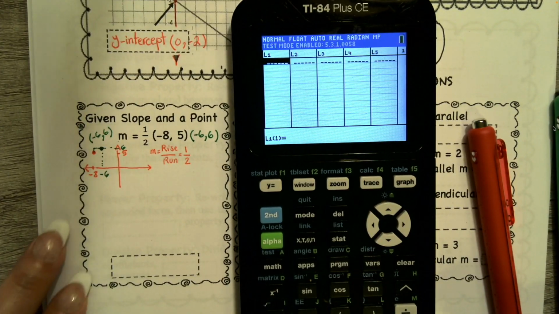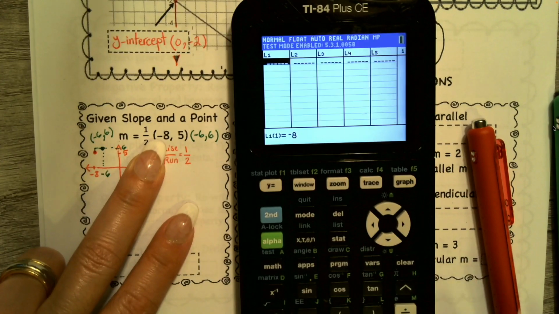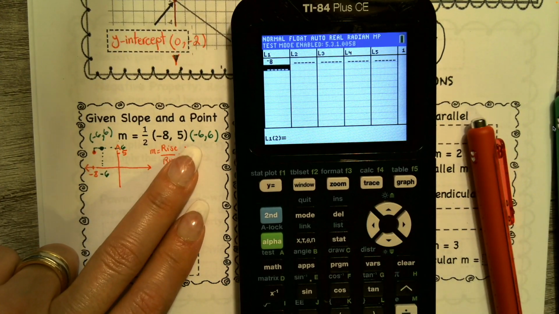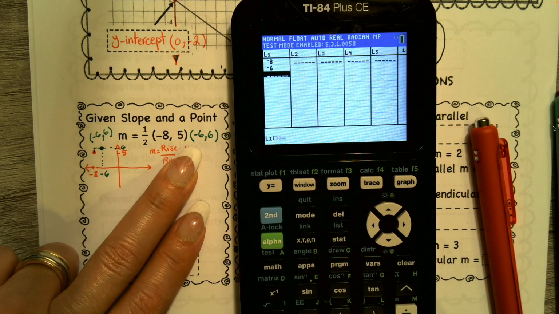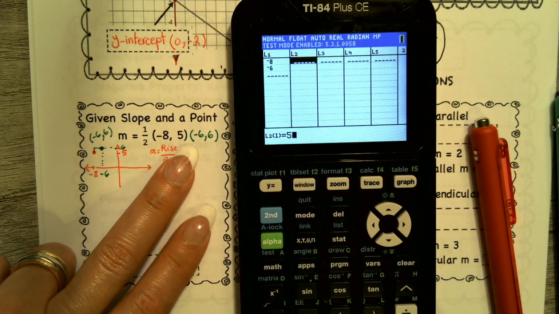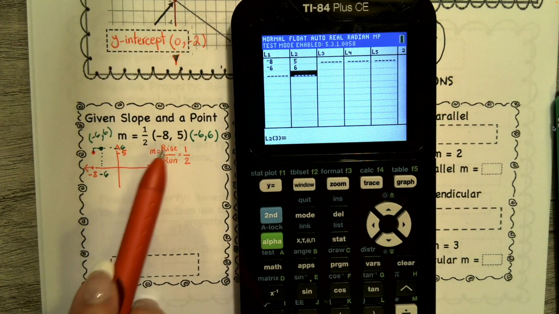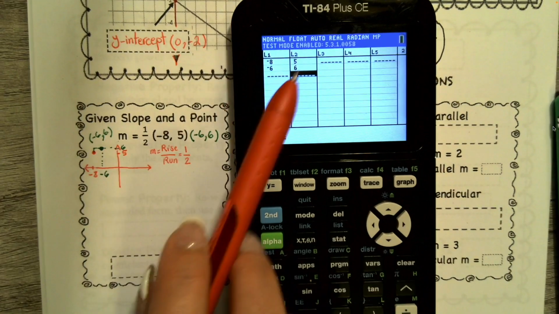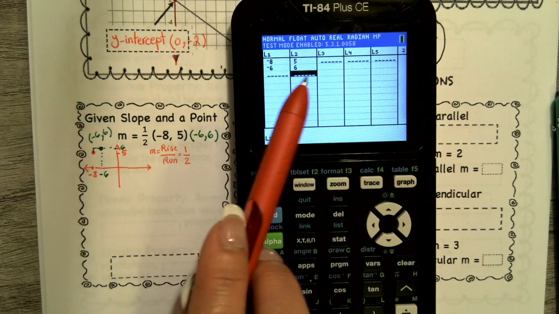On the first list, I'm going to put -8 and -6. These are my x values. And then my y values: my first one is 5 and my second one is 6. I'll check my work to see if they match. So -8 and 5, -6 and 6.